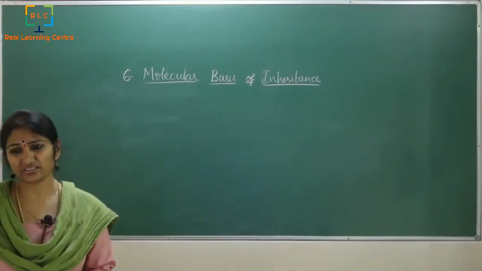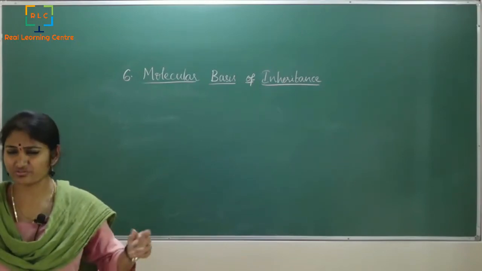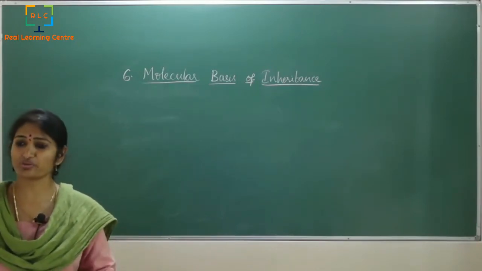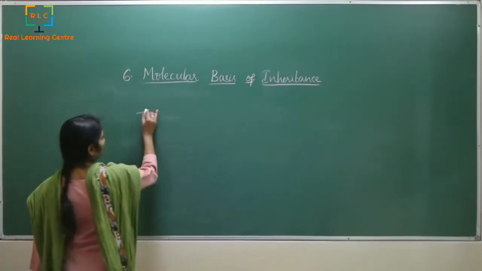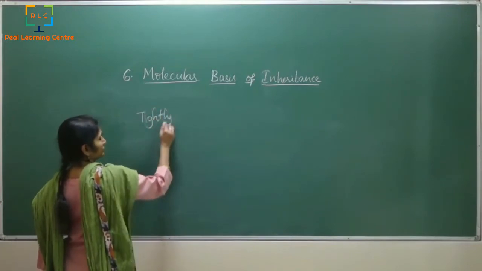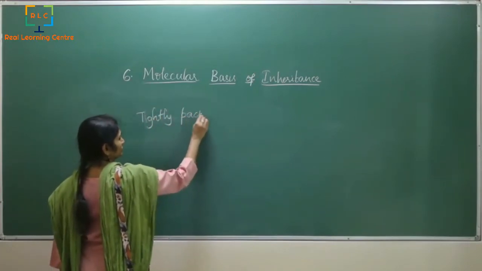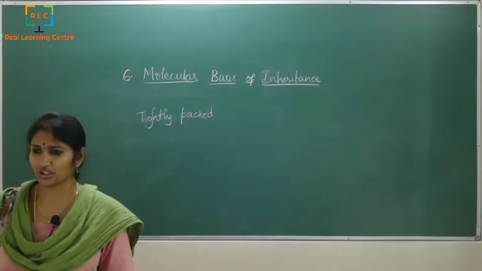So you see that generally in a nucleus, certain chromatin is very loosely packed, some of them are tightly packed. Okay. Now the tightly packed one, so we have the densely packed chromosomes.